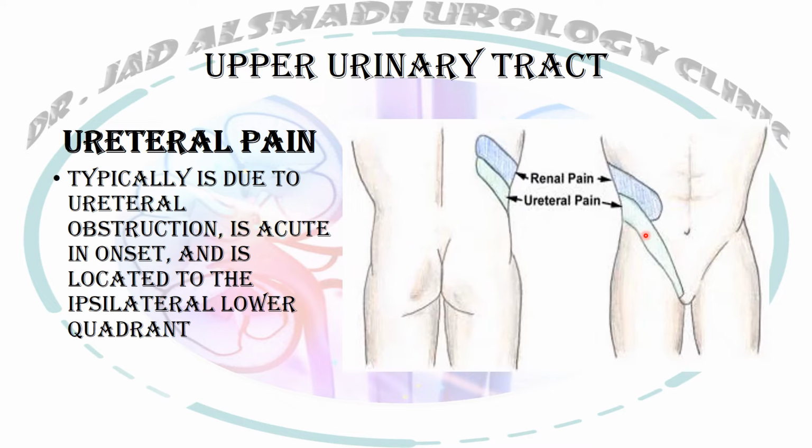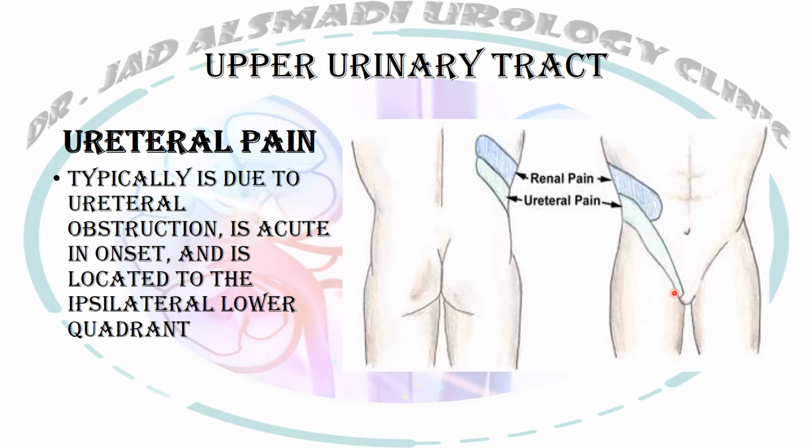Now, the reason for this referral of the pain is that the ureter is innervated from the spinal segments T11 to L2, and this will shoot this severe pain from the loin to the groin, and involve also the scrotum or labium majus in males and females.